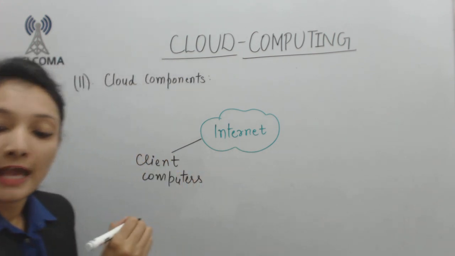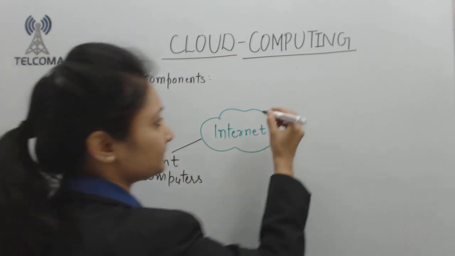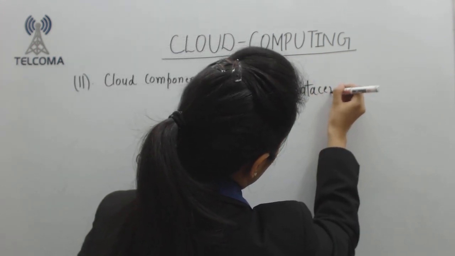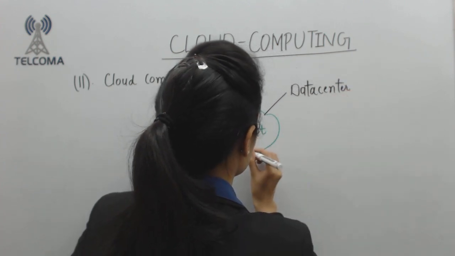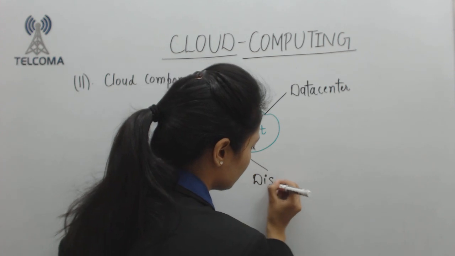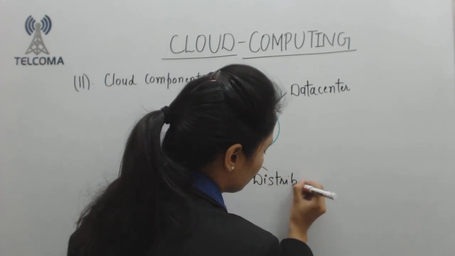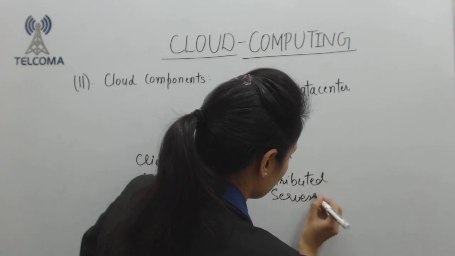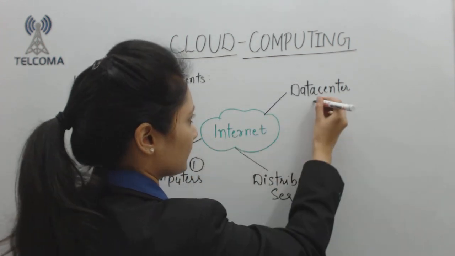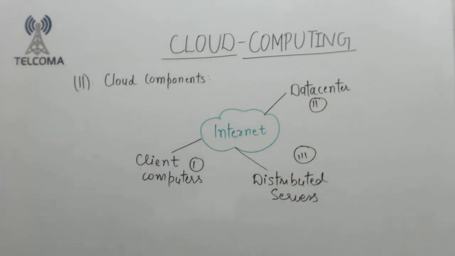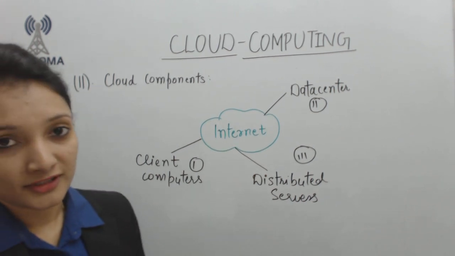Then we have the data center. And then the distributed servers, the cloud components which we have here. We'll discuss all of the components one by one.